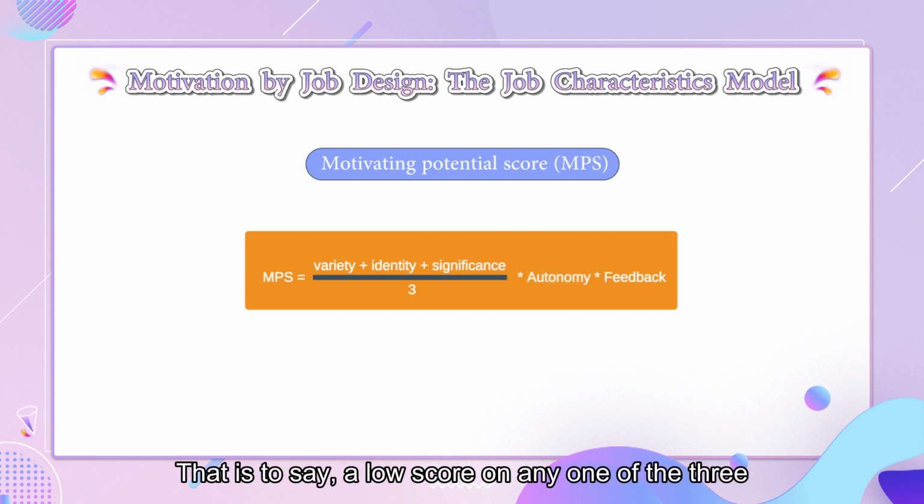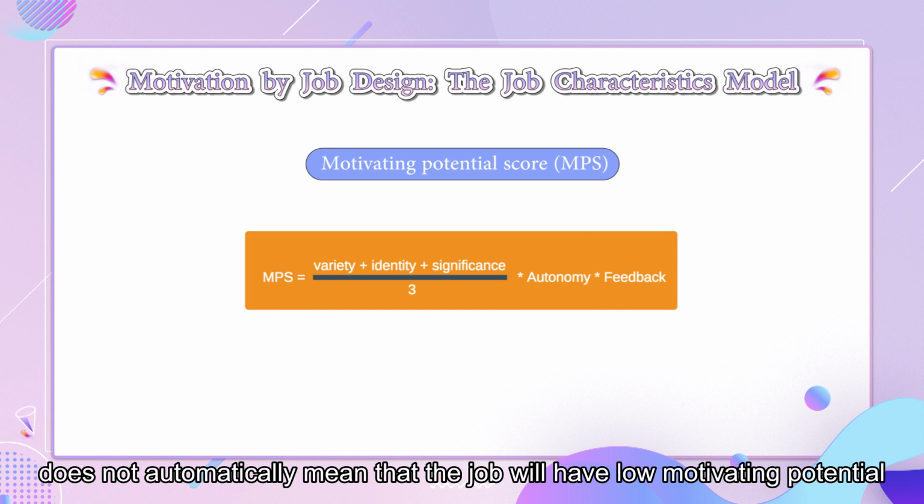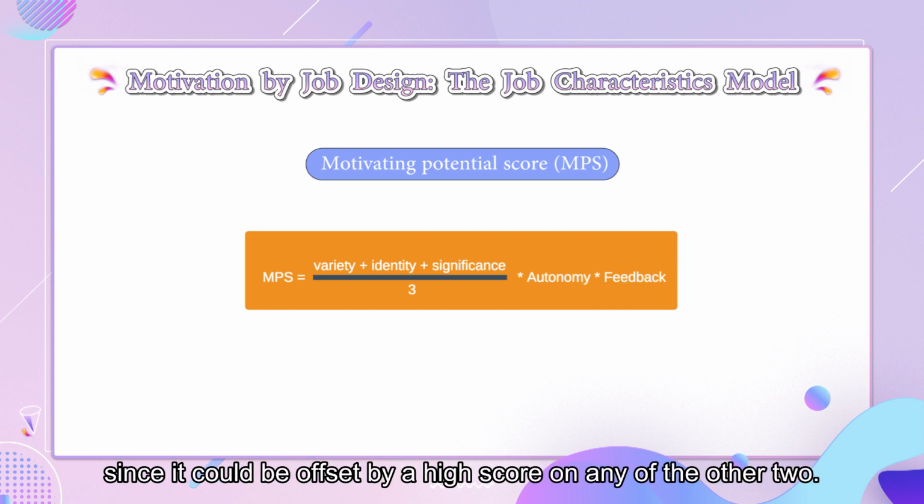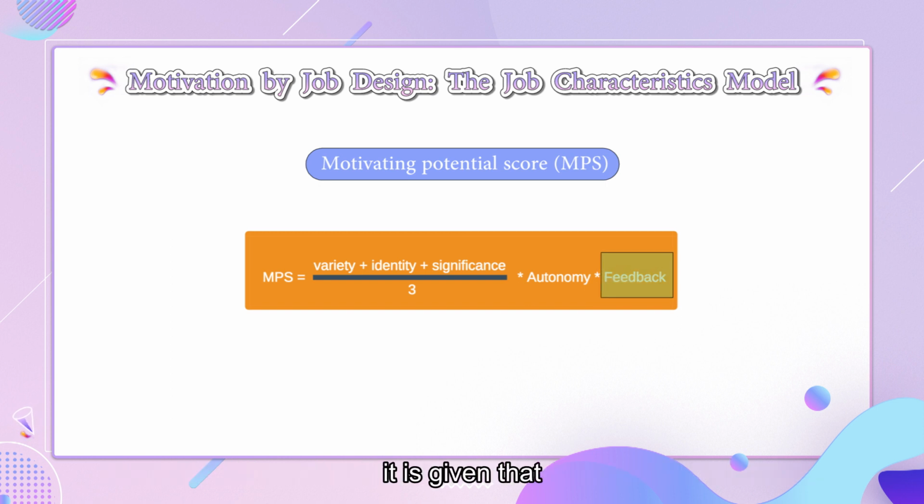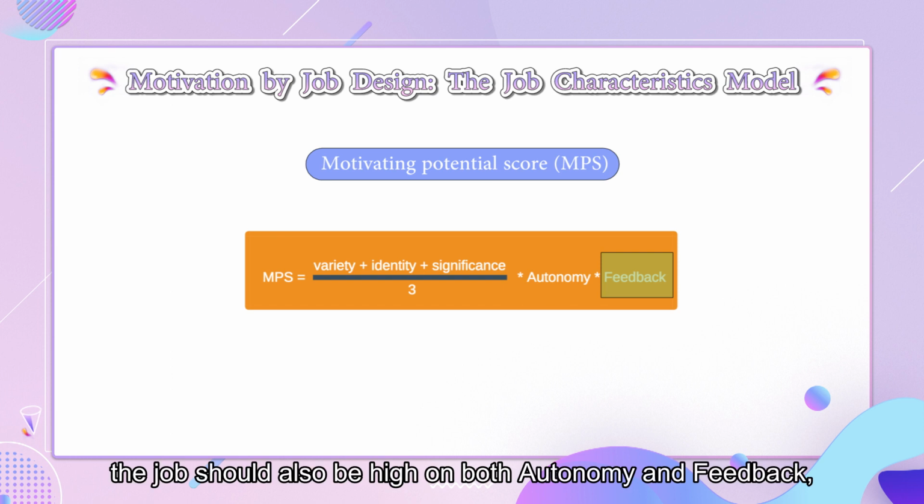That is to say, a low score on any one of the 3 does not automatically mean that the job will have low motivating potential, since it could be offset by a high score on either of the other 2. Last but not least, it's given that the job should also be high on both autonomy and feedback.